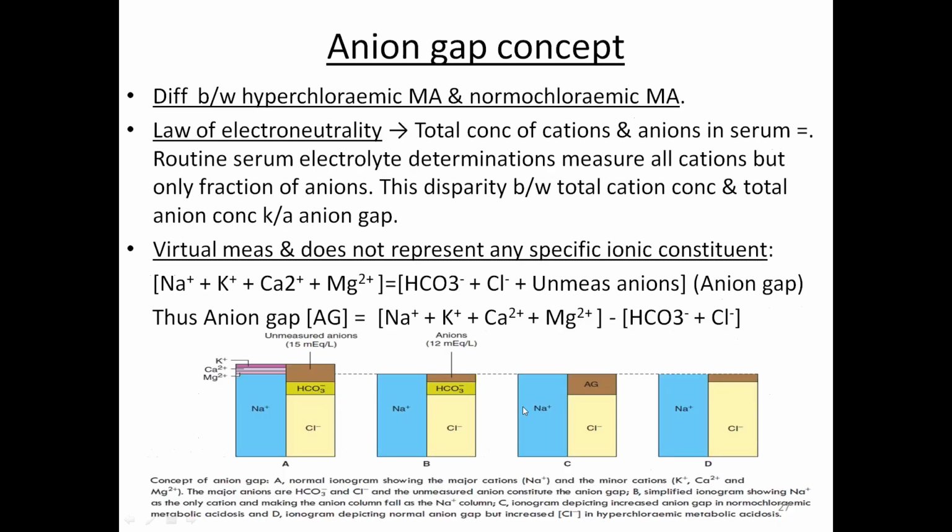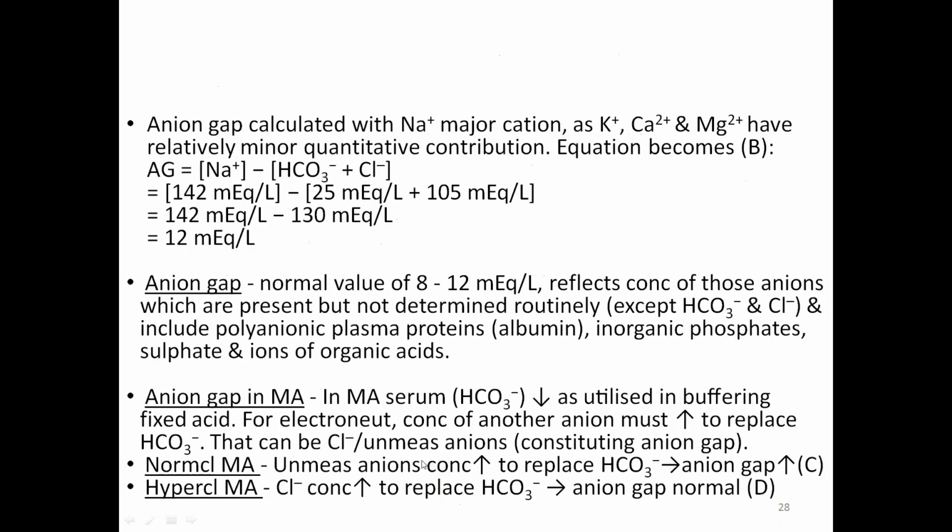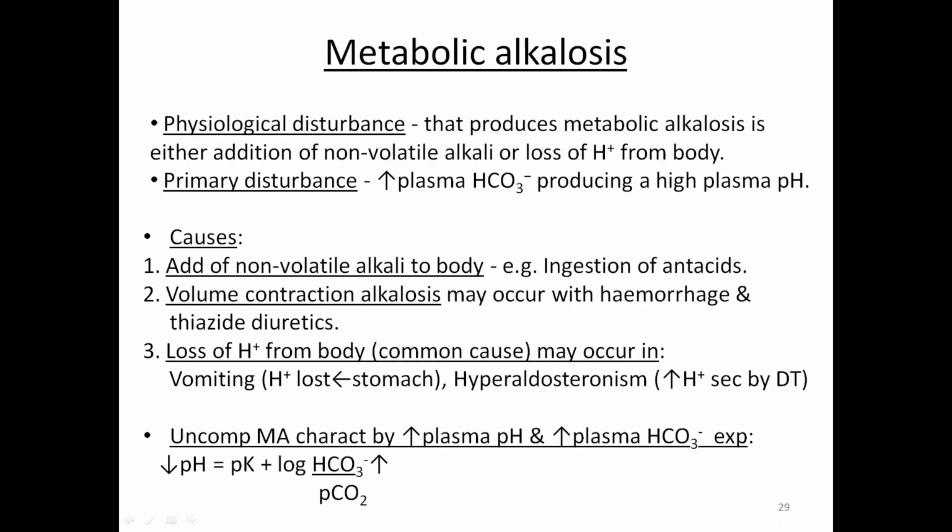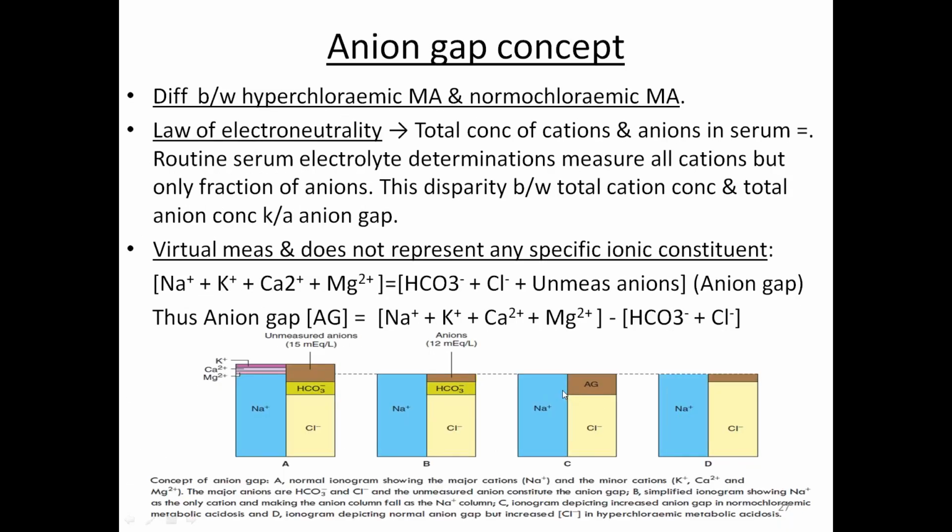Now this figure is showing your normochloremic metabolic acidosis, where the unmeasured anion concentration increases to replace the bicarb, forming a high anion gap. This is your anion gap, and to replace the decreasing bicarb, the unmeasured anions have increased.